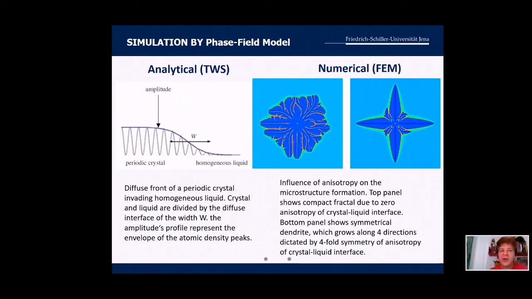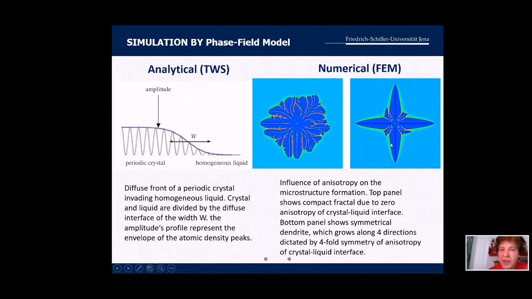If we have the absolutely isotropic case, the branches grow in all directions as soon as they can. We get a disordered fractal structure, sometimes called a seaweed structure.